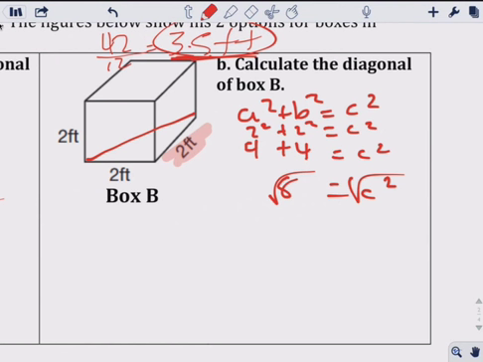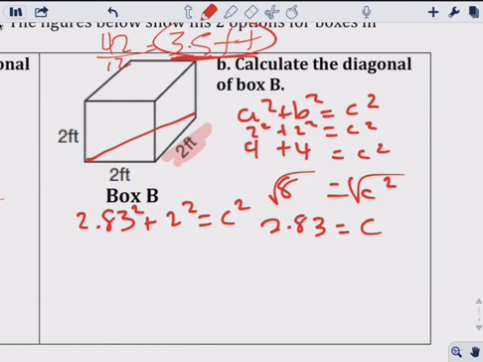So the square root of 8 is 2.8. Oh, it's 2.83, or 3 rounded, equal to C. Okay, so you do 2.83 squared plus 2 squared equals C squared.